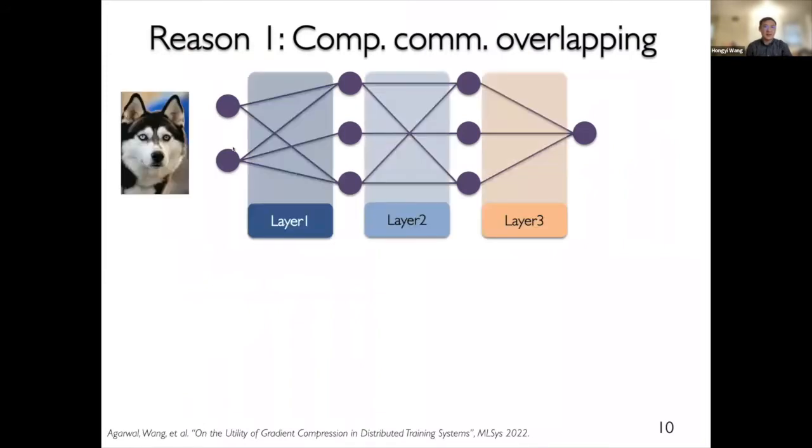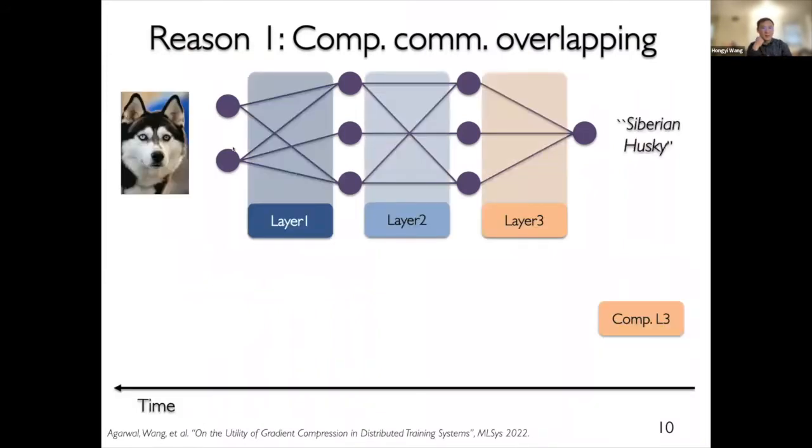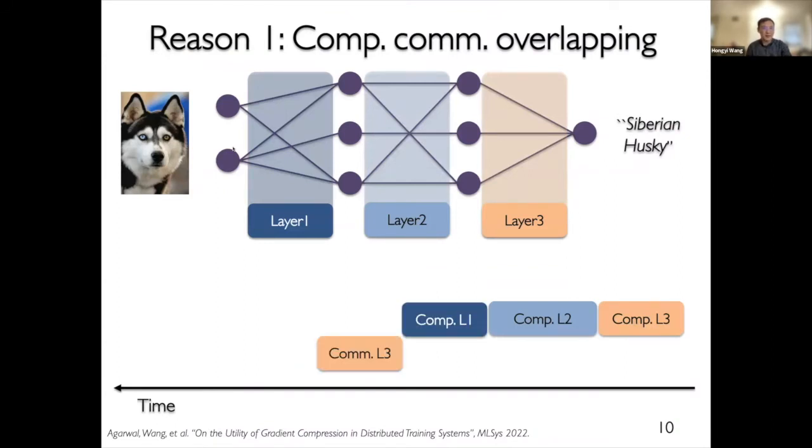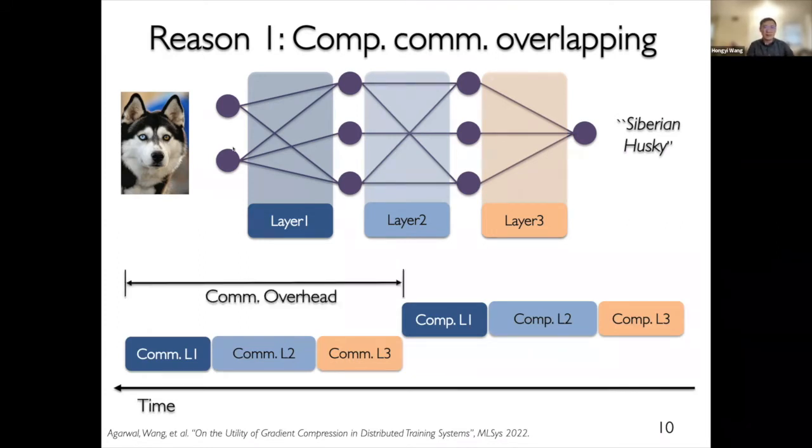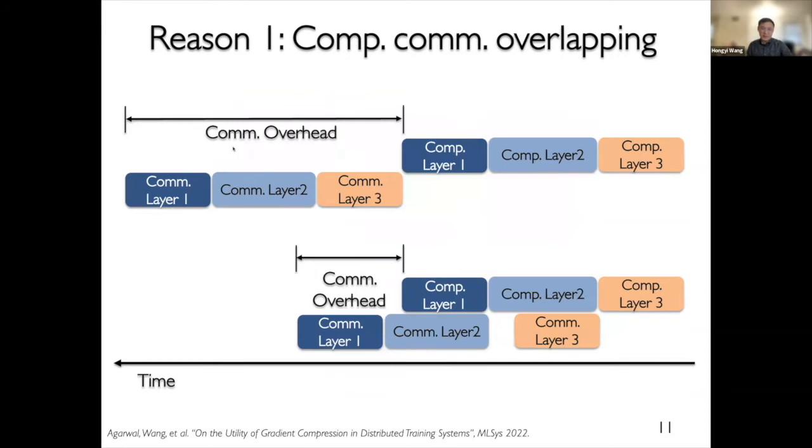So the first reason is, when we consider the computation graph of neural network training, we have to compute the backward propagation, and then we have to synchronize the gradient. However, those operations do not necessarily need to be serial. They can actually be overlapped.